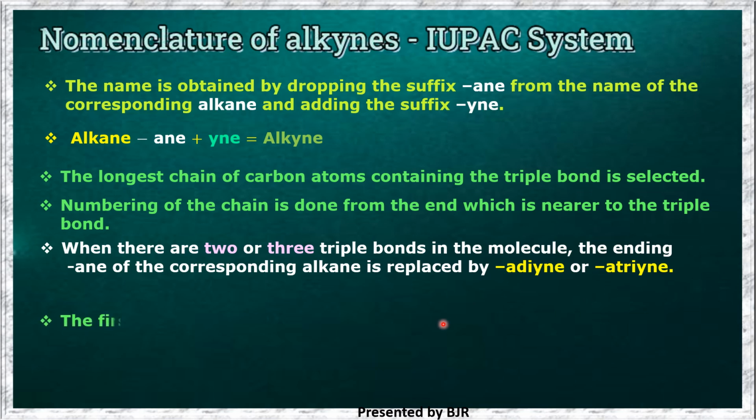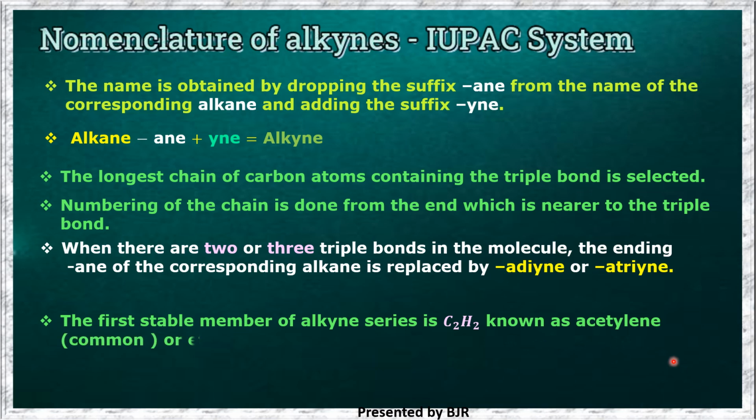The first stable member of the alkyne series is C2H2, known as acetylene. Acetylene is the common name and its IUPAC name is ethyne. Okay.